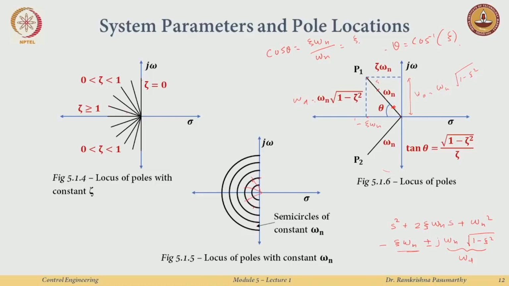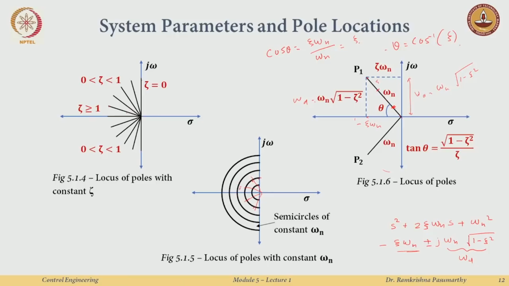This will have a different angle, this will have a different angle, and this will have a different angle. If I keep moving along, I am just moving along a circle. And since all poles exist in complex conjugate pairs, this one will also move according to how omega n varies. So you just have some semicircles here.